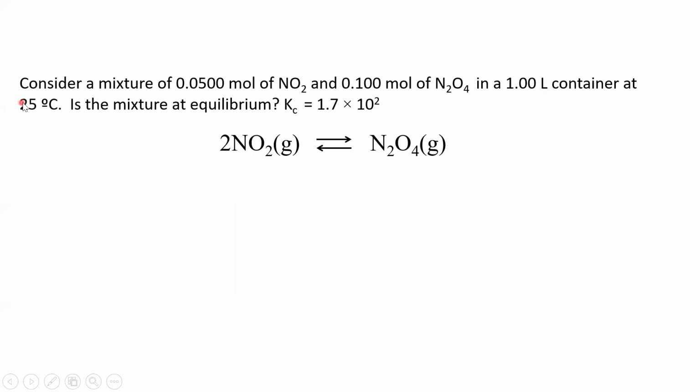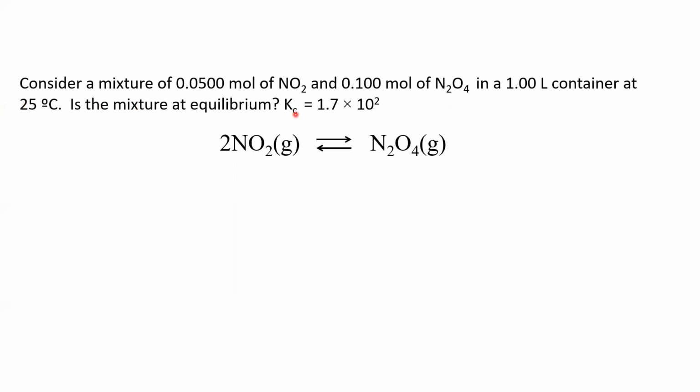Now, the temperature really has nothing to do with the question. As long as we don't change the temperature, it doesn't matter what the temperature is. We're given K. We want to calculate Q and compare it to K.